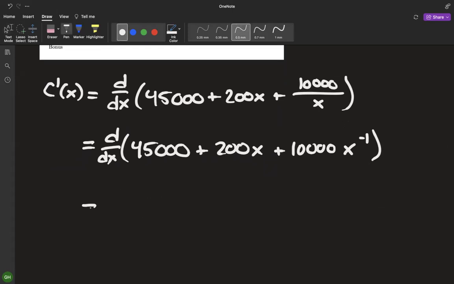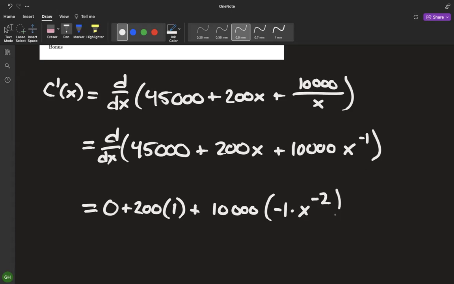So now the derivative is going to be, well, the first thing is just a constant, so its derivative is 0. The second thing, nothing happens to the 200, and the derivative of x is 1, plus 10,000 times the derivative of x to a power, so that's bringing the power out front, times x to the power -1 minus 1, which is -2.